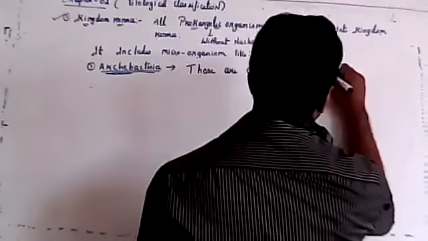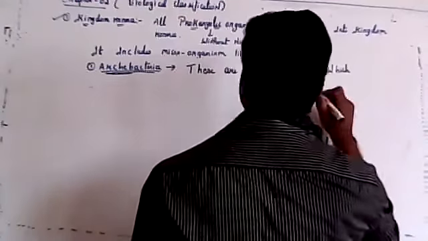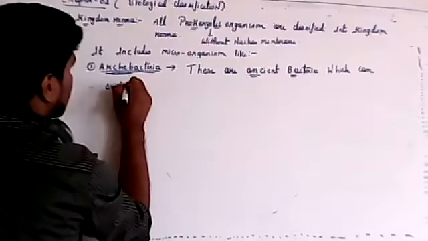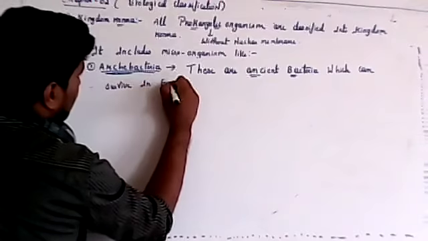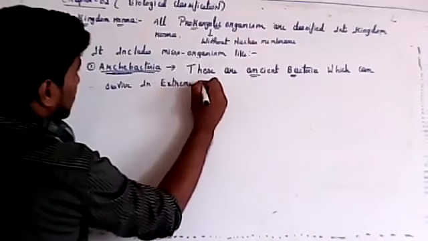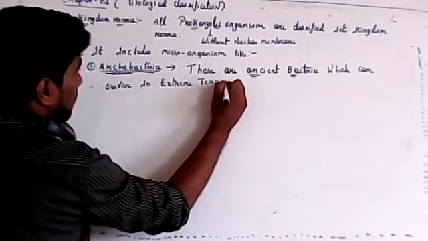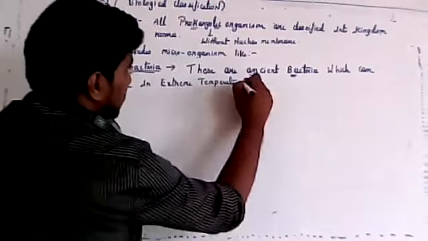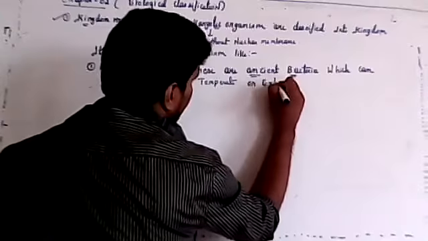These are ancient bacteria which can survive in extreme temperature, meaning above 100 degrees Celsius. The presence of branched lipid chains in the membrane, made up of complete lipid, lets them survive in extreme temperature or extreme conditions.